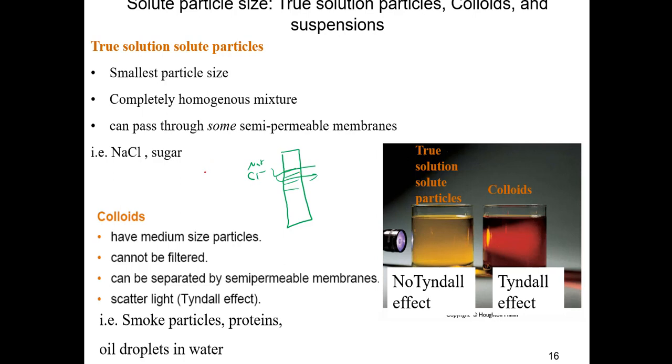So for example, if you were to have a giant particle, such as a giant protein, a protein that you might find in your blood, like an immunoglobulin, obviously that size, it's too big to get in. Now true solution particles, they're small enough that they can pass through most semi-permeable membranes, allowing the solute particles and water molecules, and other small particles the size of water, to pass through. And other large particles they can't pass through.